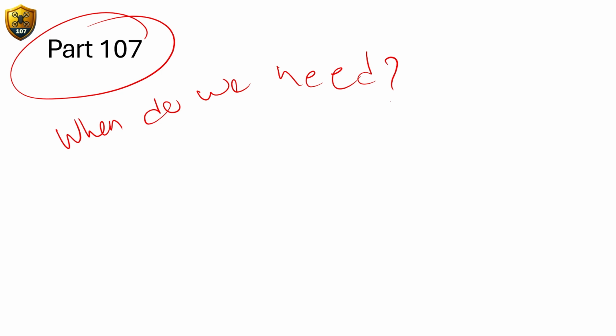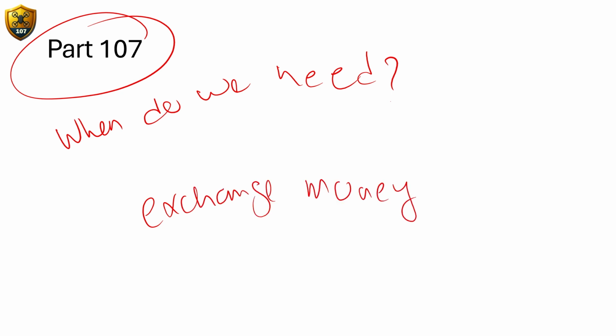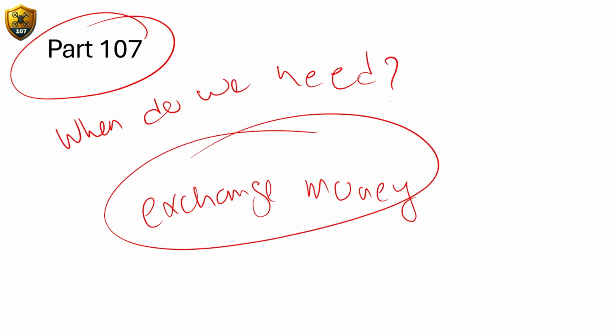Intent of the flight is what matters. It doesn't mean that we always exchange money, right? Intention matters. Exchange of money can or cannot occur, that doesn't matter. Exchange of money is not a factor to be considered when we talk about Part 107.